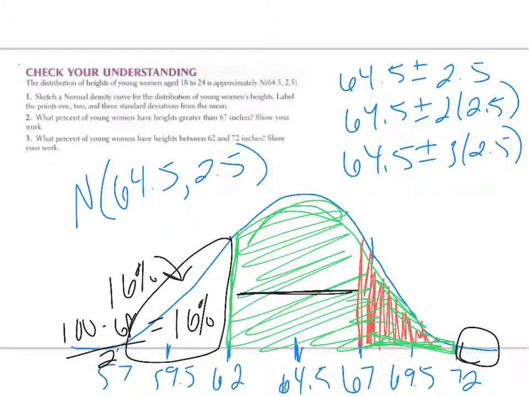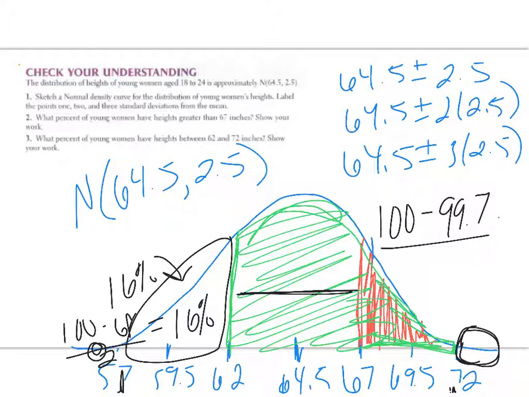Well, now I also know that from 57 here down to 72, I have 99.7% of my data points. So 100 minus 99.7% of my data points, okay, is going to give me the area of this tail and this dinky little tail down here, right? So that's going to be 0.3. Well, I only need the area of this tail here. I already took care of the tail on the left in the 16%.